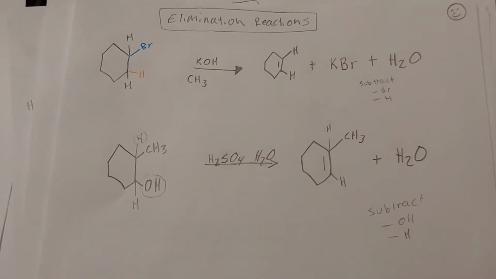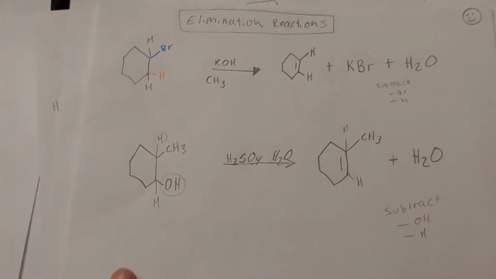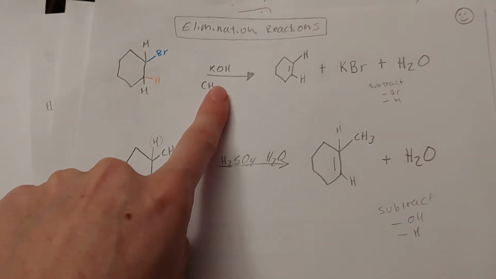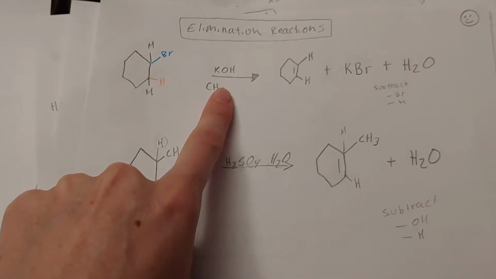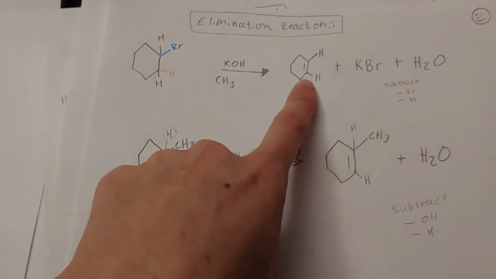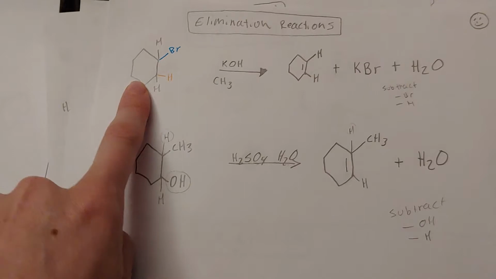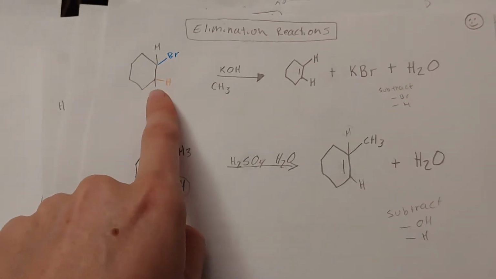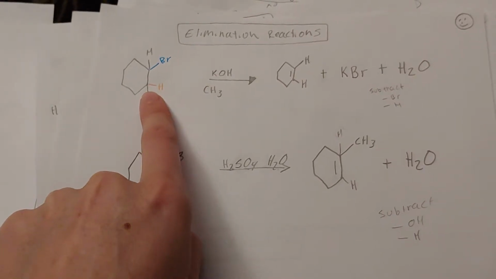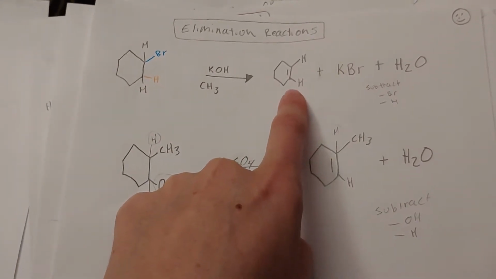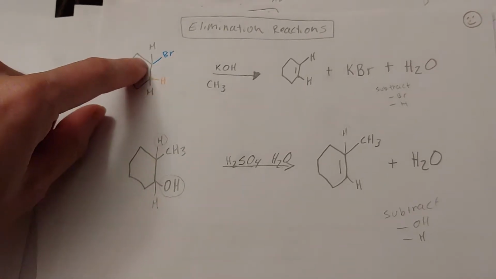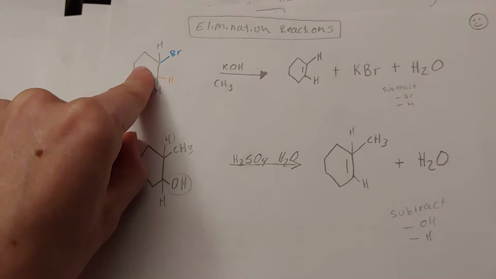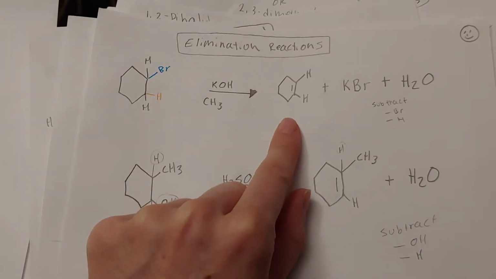Okay, elimination reactions. There's two kinds of elimination reactions. We have this reagent, which is going to, if you notice, we normally start off with a double bond and end up with a single bond. But here, we start off with a single and end up with a double, okay? Sometimes in the test, there was a bond here, and the other one went here. So whatever it is, just add another one.